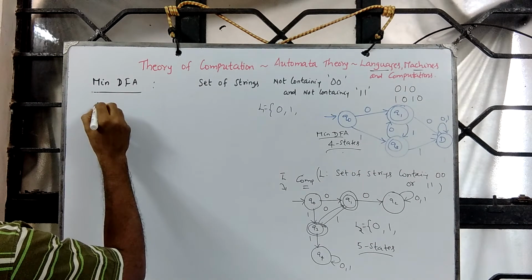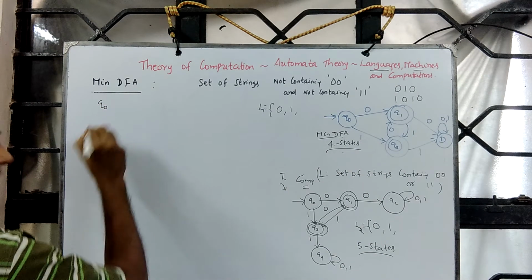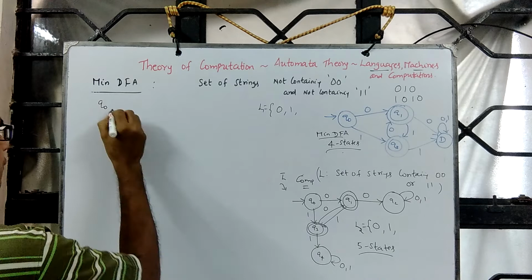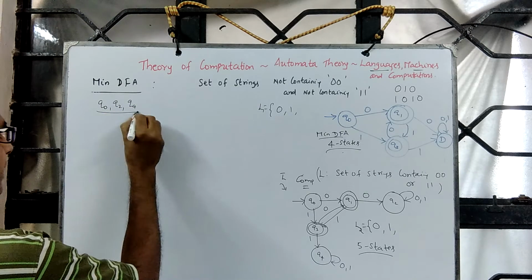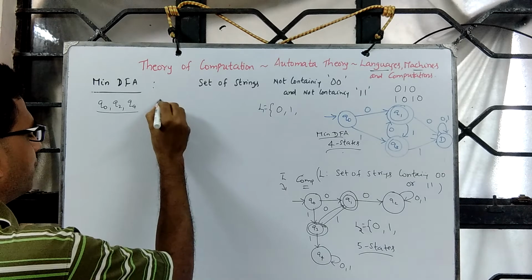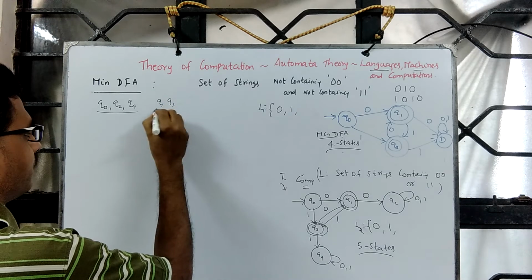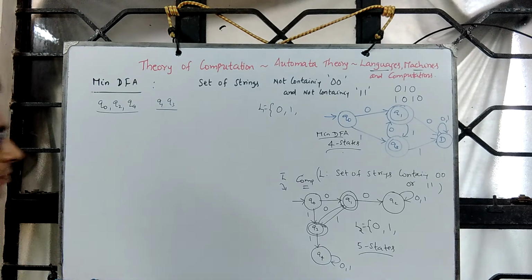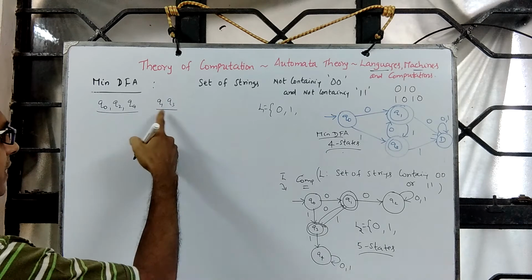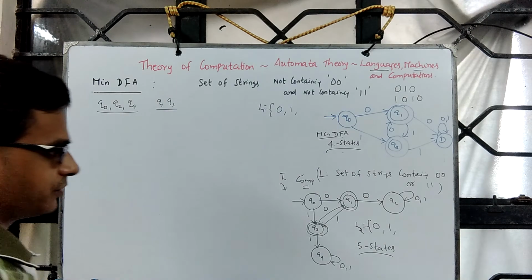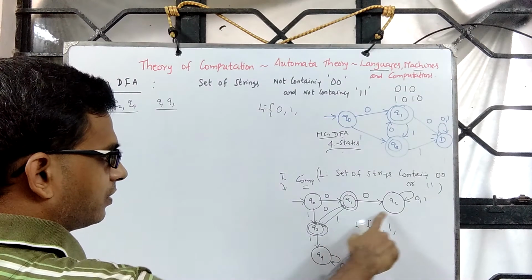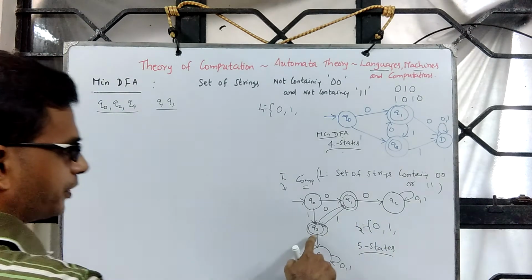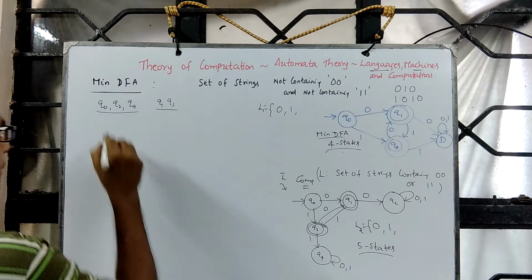So as always, group non-final and final. So Q0, Q2, Q4 are non-final, Q1, Q3 are final. Okay. So let's check whether this is distinguishable. Q1, 0 is Q2, Q3, 0 is Q1.